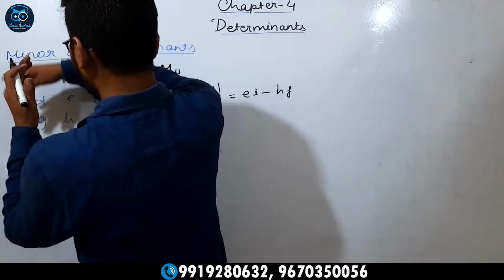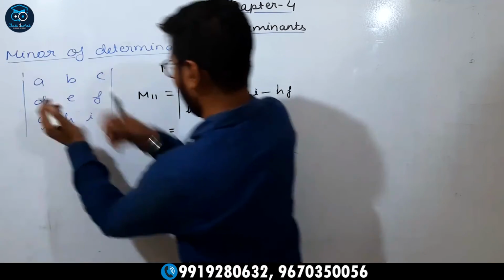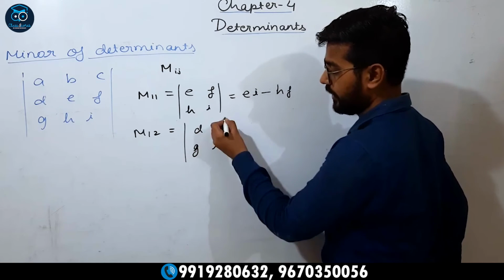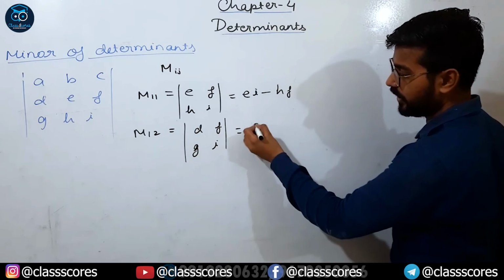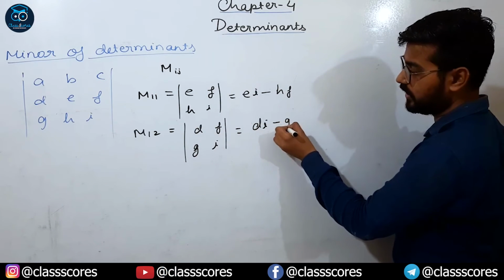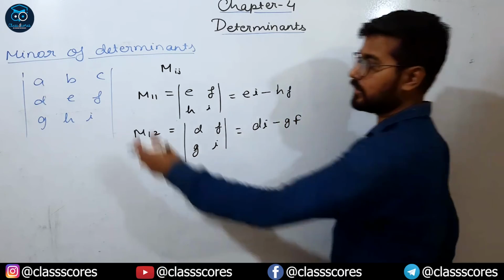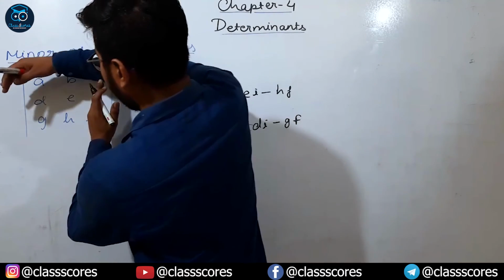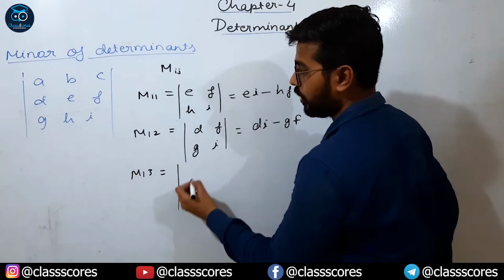M12. 12 means first row, second column. What we get? D, F, G, I. If we simplify this, we get DI minus GF. Similarly, M13, first row, third column. So what we get?